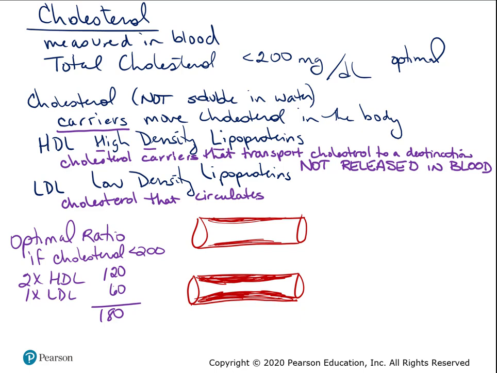So HDL transports cholesterol to a destination and is not released in the blood, whereas LDL circulates, can be released in the blood, and if it does, it's going to stick to blood vessels.